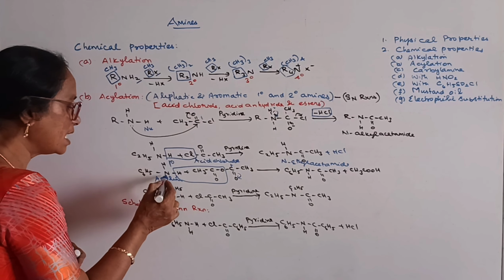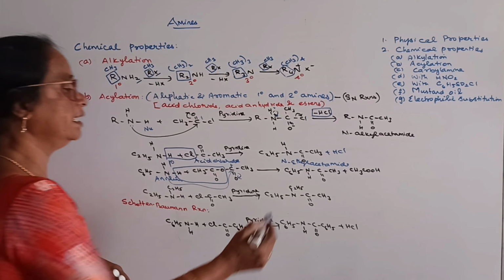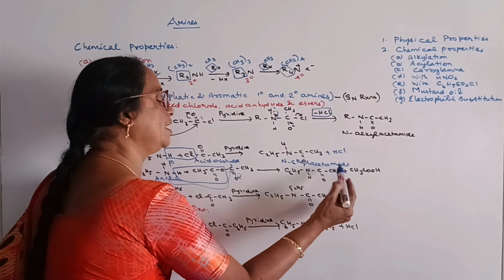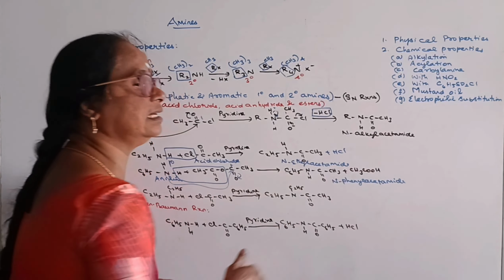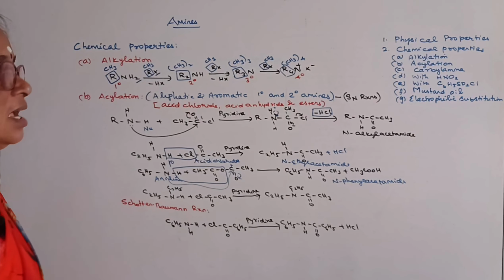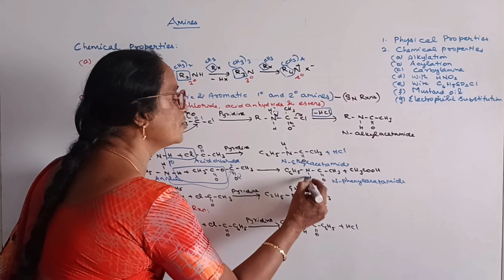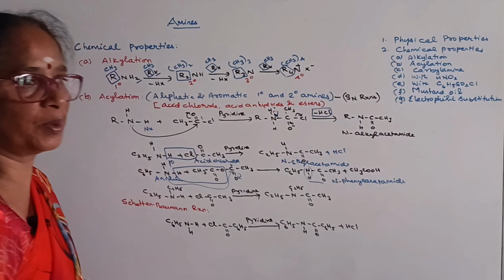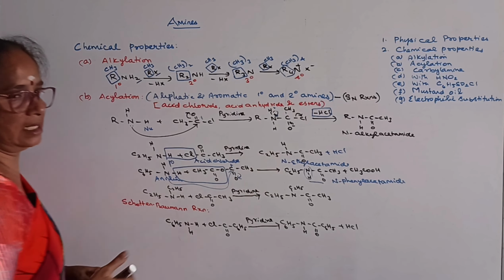The nitrogen atom of the NH2 group may attack the carbon and hence we get N-phenyl acetamide. In this case, acetic acid is formed as a product. But acetic acid is a mild acid, and N-phenyl acetamide also possesses acidic character because of the presence of the NH group. So these do not react, and hence the reaction does not require any base.